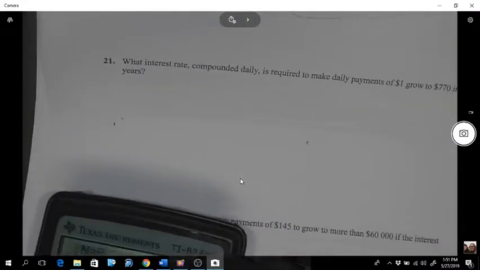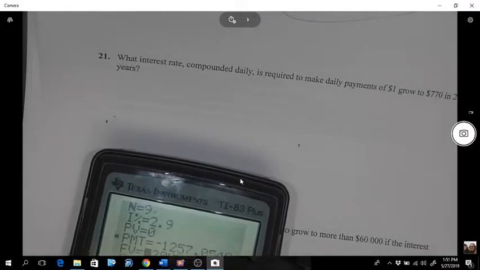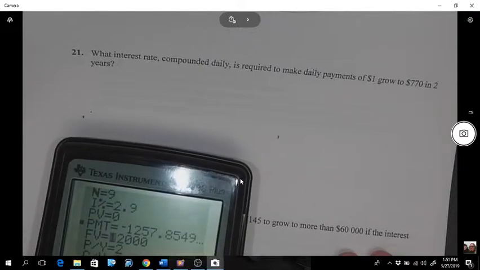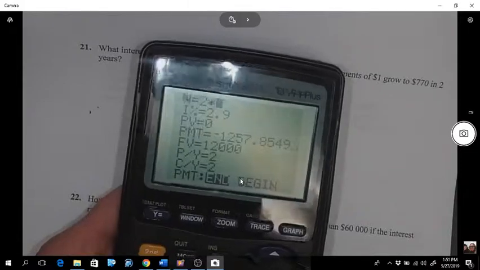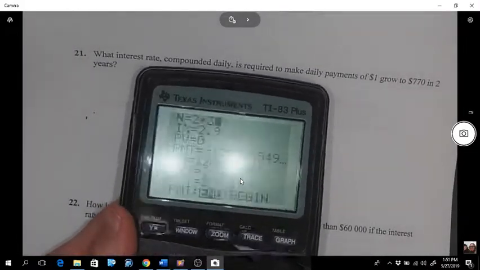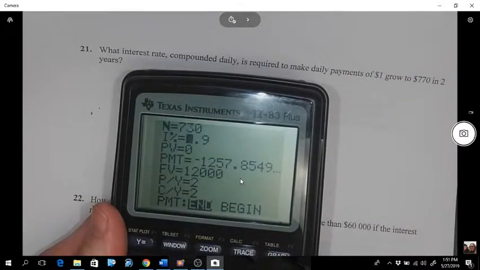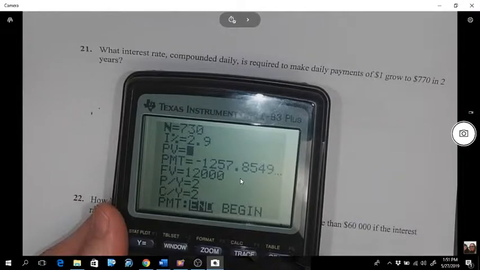Number 21, what interest rate compounded daily is required to make payments of $1 grow to $770 in 2 years? All right. So 2 years times 365, because we're compounding daily. Interest rate is what we don't know. Present value is 0.